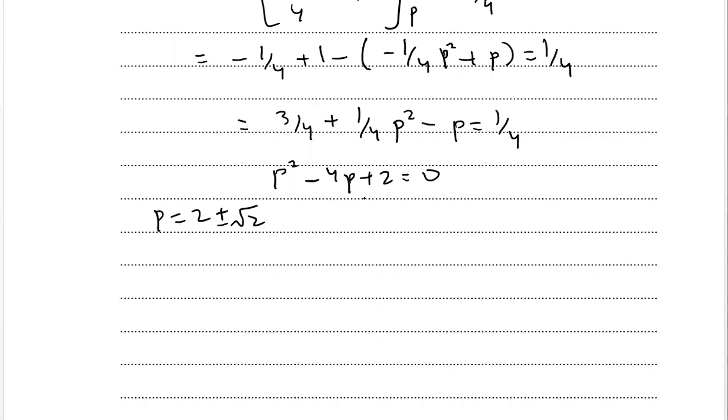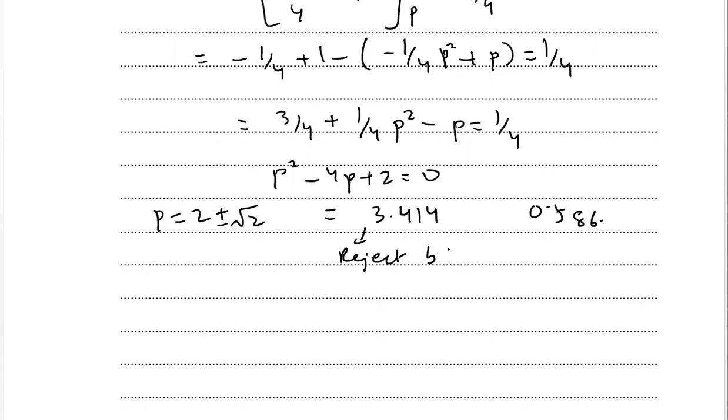Okay. So one value is coming 3.414. The other is coming 0.586. So we would reject this value. Because why?